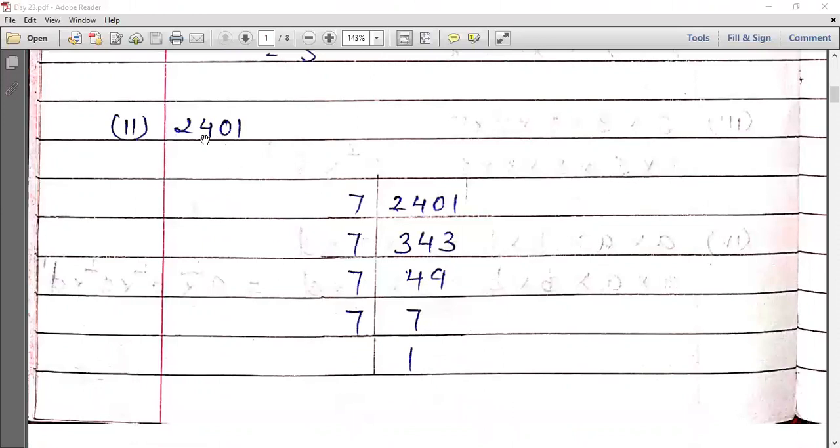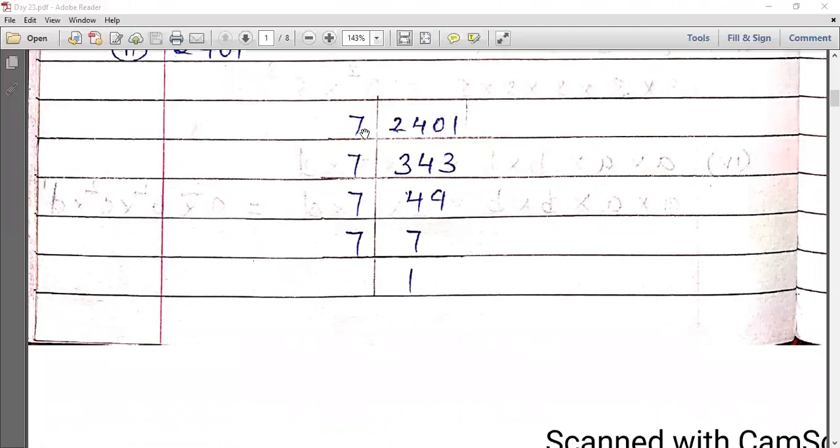Part 2 is 2401. While finding the HCF of 2401, you'll have 7 as its factor. So you can see 7 343s are 2401, 7 49s are 343, 7 7s are 49, 7 1s are 7.